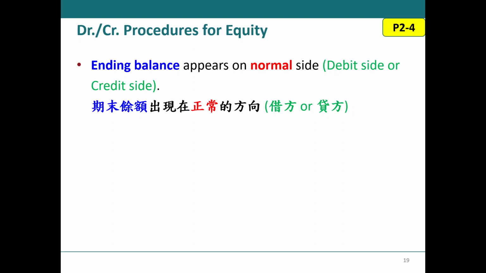Your final amount on your last date. Ending means your last date, okay? So on your last day, you will find out the balance means the final amount.